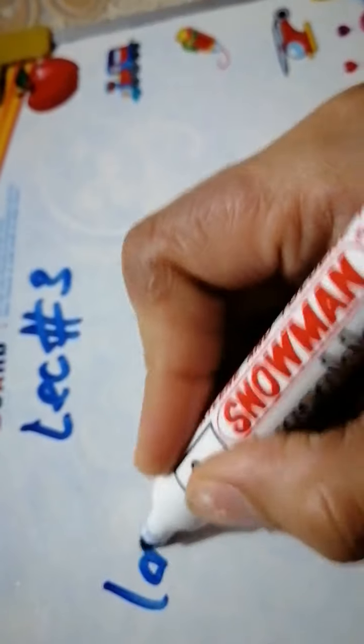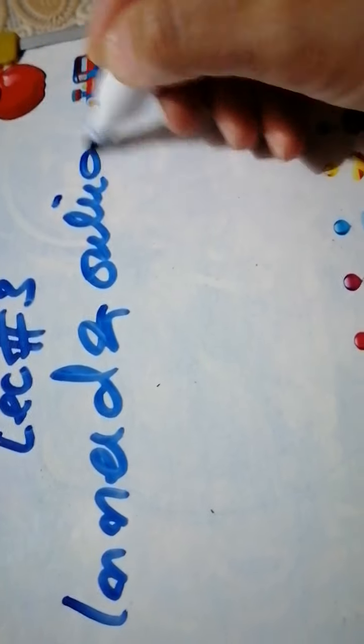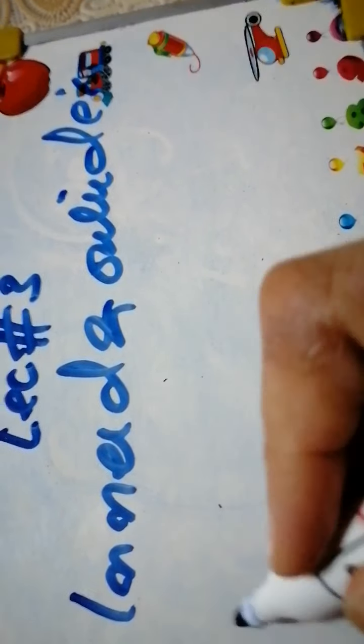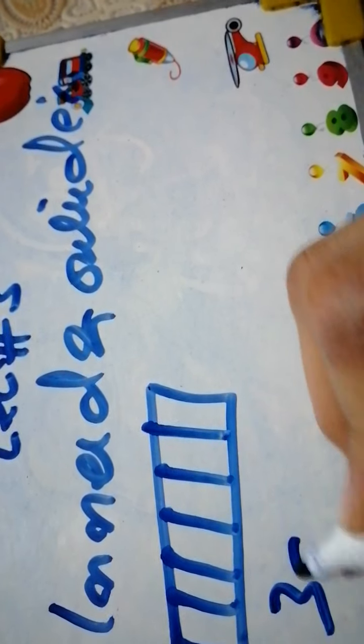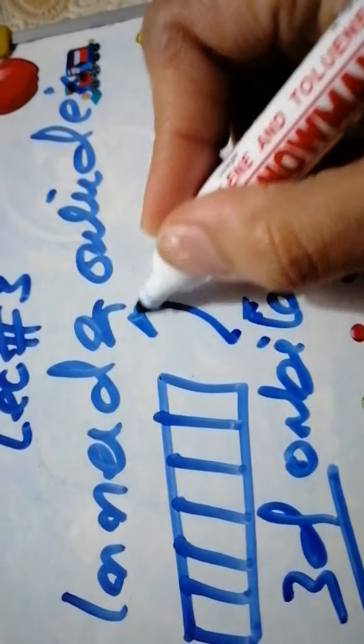And the second thing is about inner d and outer d electrons. When any metal uses 3d orbital, that complex is called inner d complex.